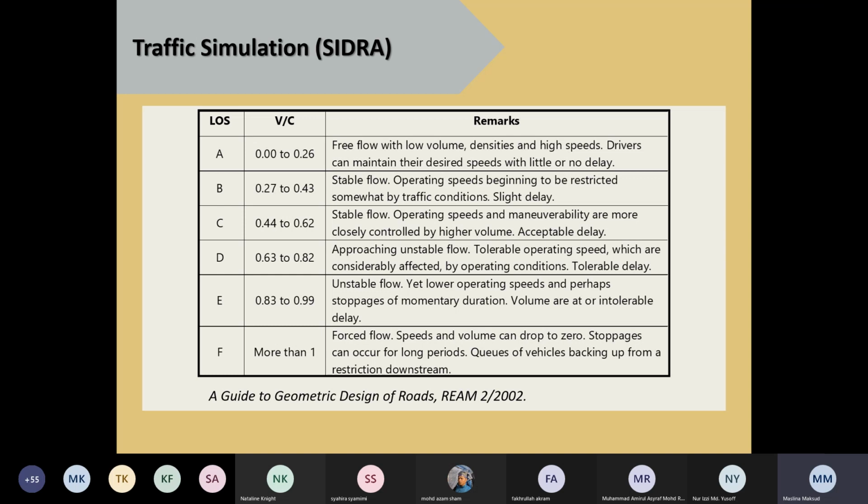And sometimes in the busiest routes, such as in Kuala Lumpur, we still consider LOS D for our road network.